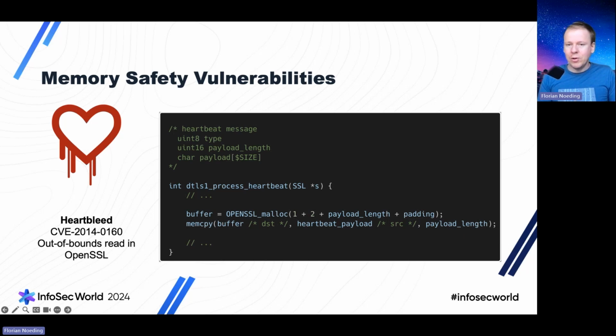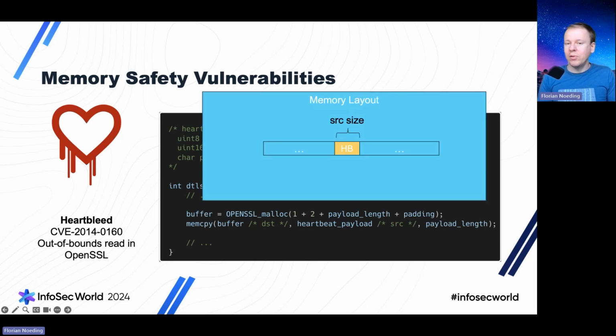Let's look at how it looks in a memory layout. Well, this is the simplified memory layout. Some random data at the beginning, then we have the heartbeat packet with the source size, which we know how much data came over the network, and then some other data, might be other network traffic. We can't really predict what's there.